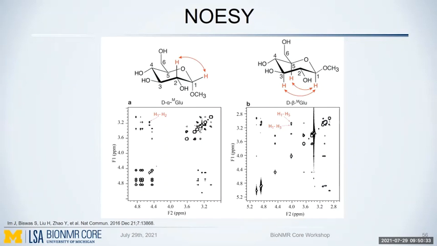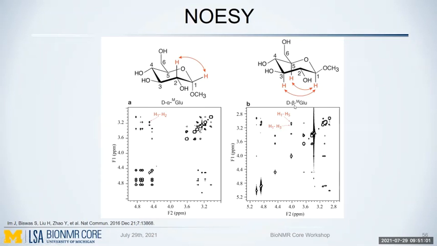Those kinds of through space correlations can be very helpful, especially when you want to identify and differentiate between different isomers. Here in this example I gave, this is a NOESY spectrum that can be used to differentiate between those 2 anomers. So for the alpha anomer, in the NOESY spectrum, you will see a cross peak indicating an NOE correlation between proton 1 and proton 2.